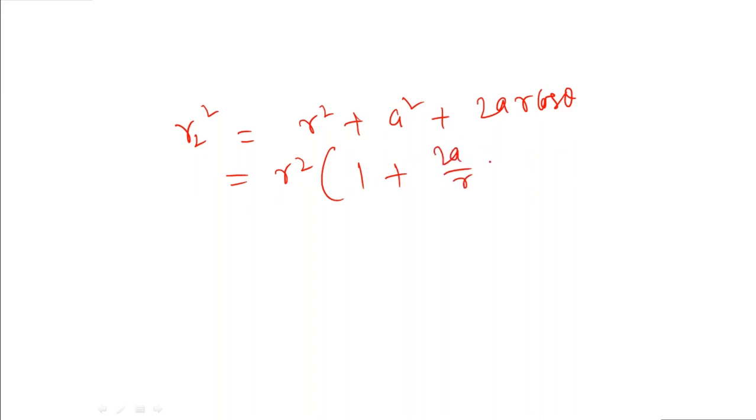This will be nearly equal to 1 by r, and here this will be cos of theta whole to the power minus half.